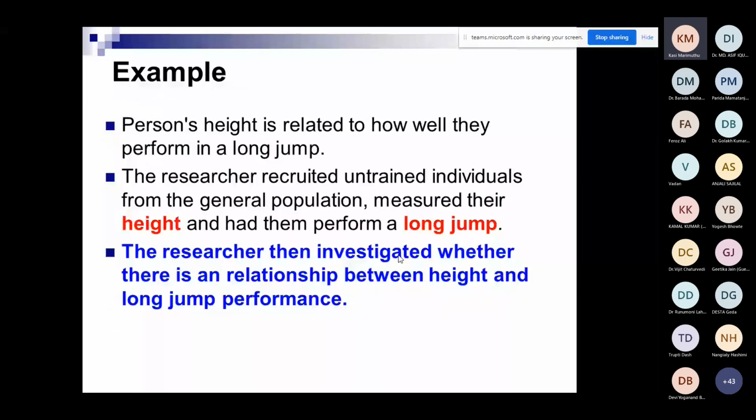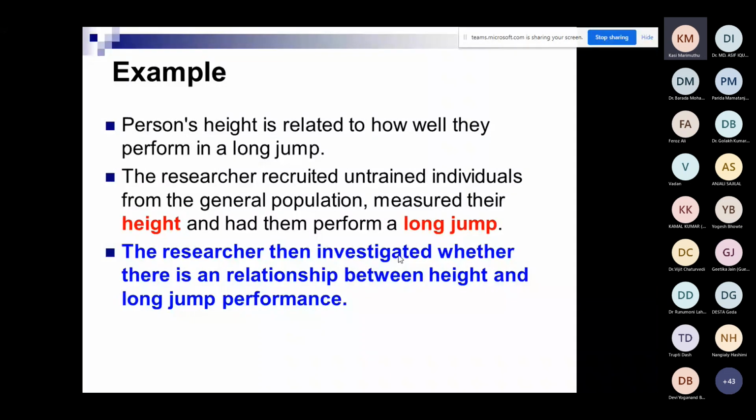So, an example. One researcher conducted a study. He recruited untrained individuals from the general population to study the relationship between a person's height and long jump performance, in sports science data. Is height related to performance in long jump?